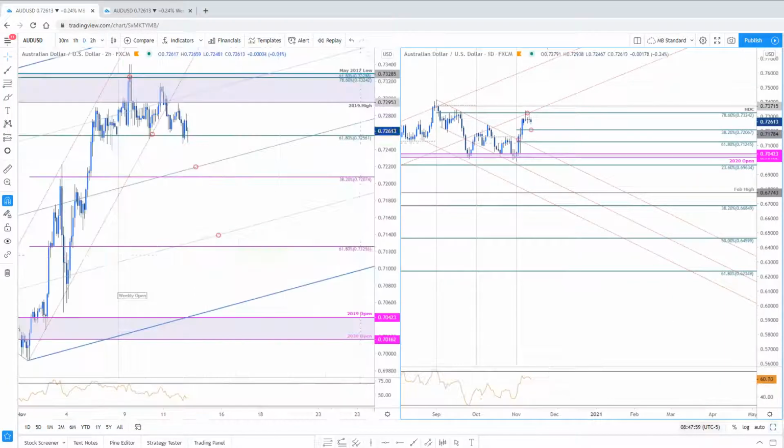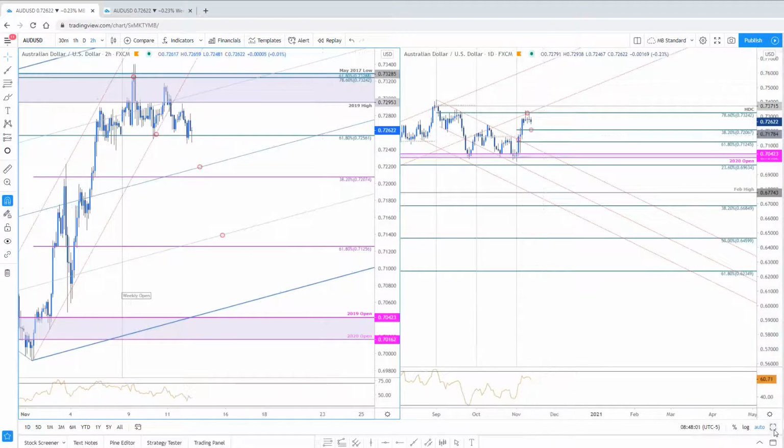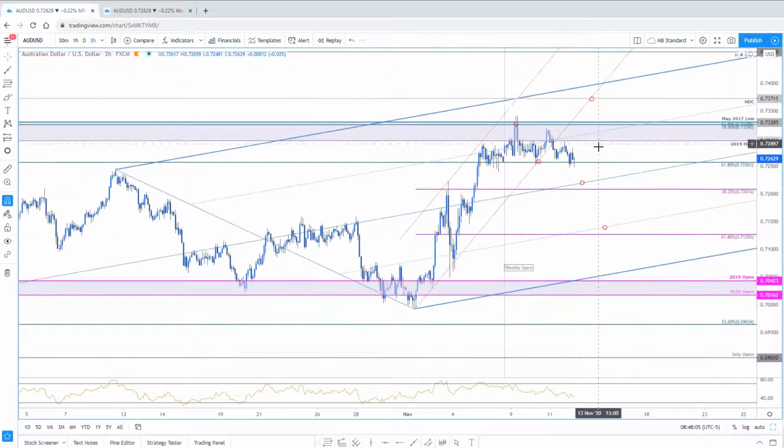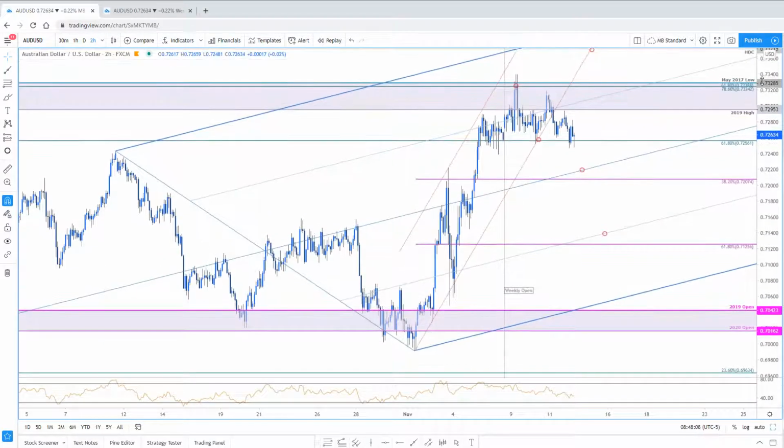Okay, so it's been frustrating because nothing's happened. You could have gotten a couple plays off this, but you're squeezing water from a rock here. Nothing is happening, but the level is clean.